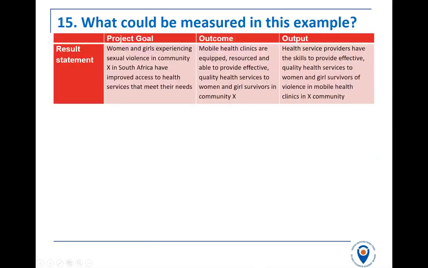Here's an example. So what we have is a project goal. I'll just go through one. The project goal is women and girls experiencing sexual violence in community in South Africa have improved access to health services.